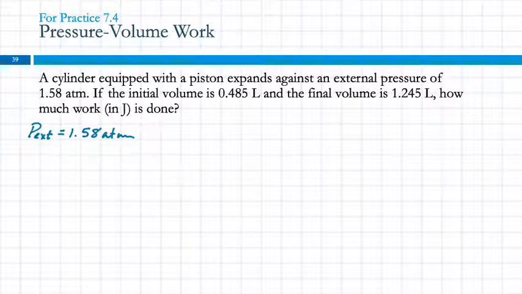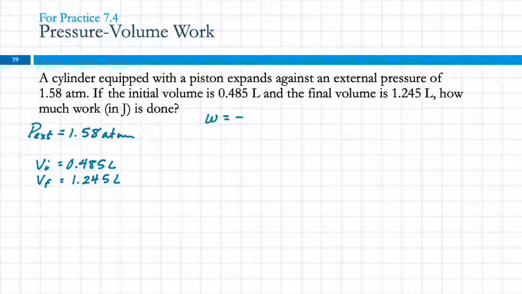Then we have an initial volume of 0.485 liters and a final volume of 1.245 liters. It's asking for work. The equation we just learned is that work is equal to negative P delta V.